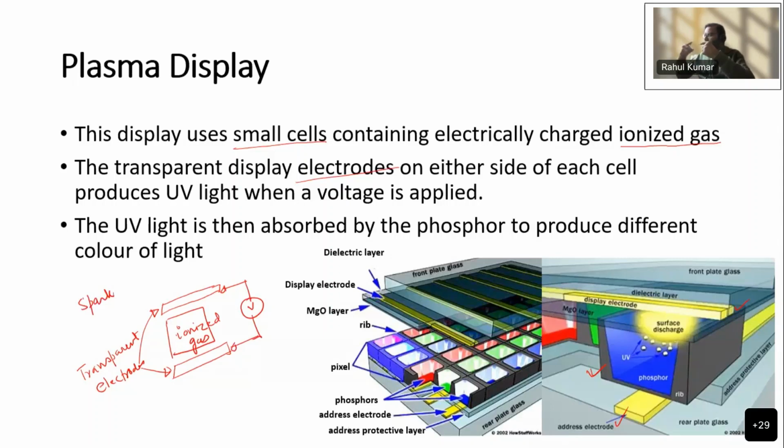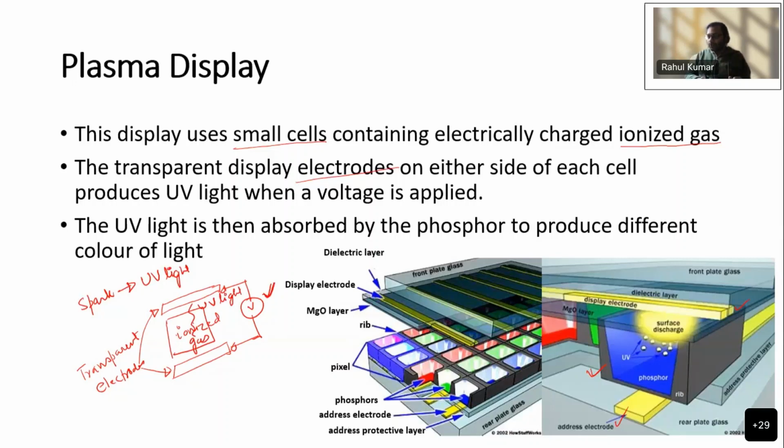Whenever you have 2 wires very close to each other, obviously you can imagine that they produce some kind of spark. And that spark has some ultraviolet light emission. So whenever we apply the voltage, some UV light is produced across the electrodes.